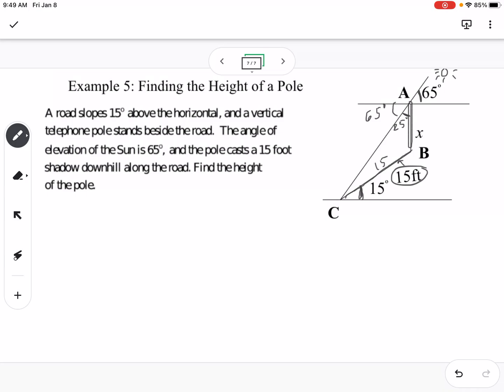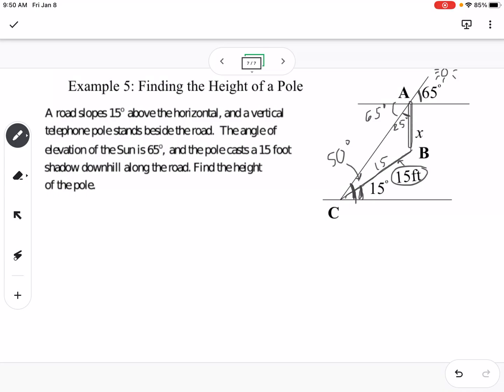Okay, and then we know that this whole big angle right here is also 65 because those are same side. Okay, no, they're corresponding. It's been a while since I taught geometry. They're corresponding angles. So that whole angle is 65 degrees. So that means we would take 65 minus 15 to get that angle right there, which is 50 degrees.